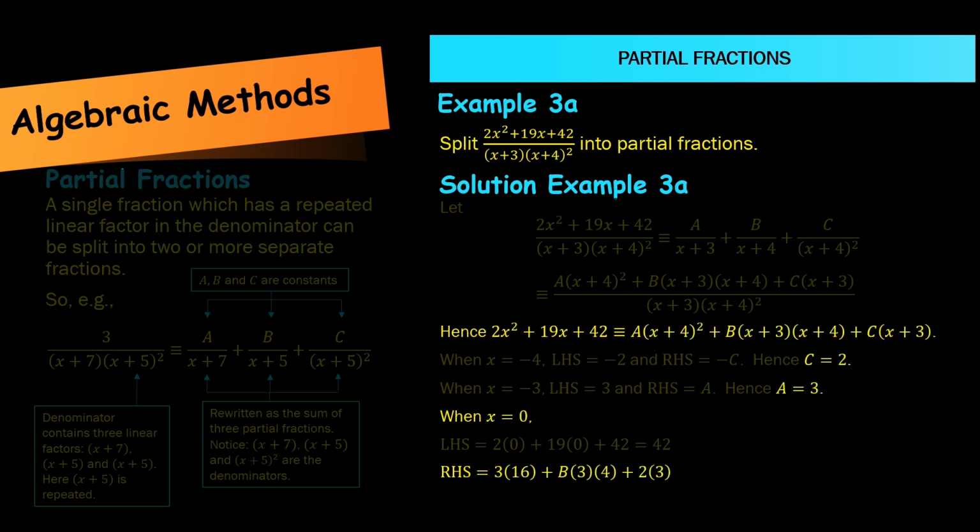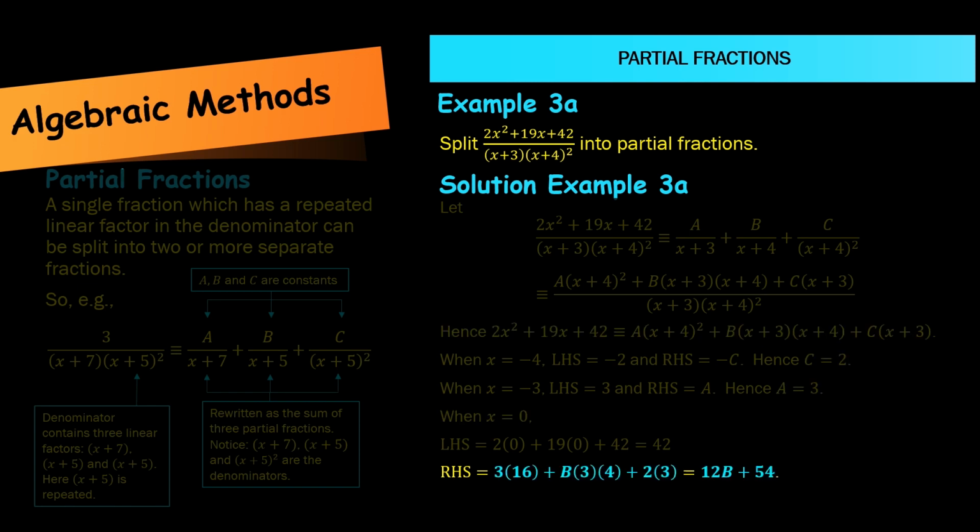Which once tidied up is equal to 12b plus 54. And so, since the left-hand side and the right-hand side are equal, we have that 12b plus 54 equals 42, giving us that b is equal to -1.